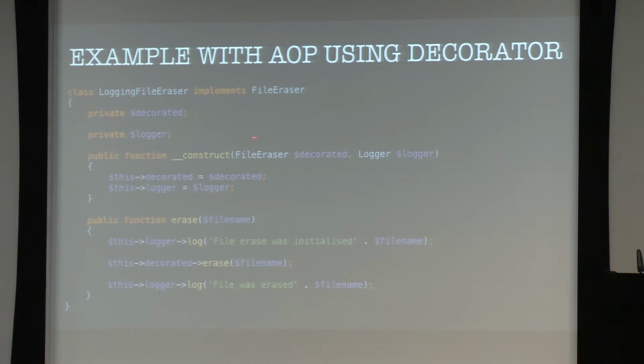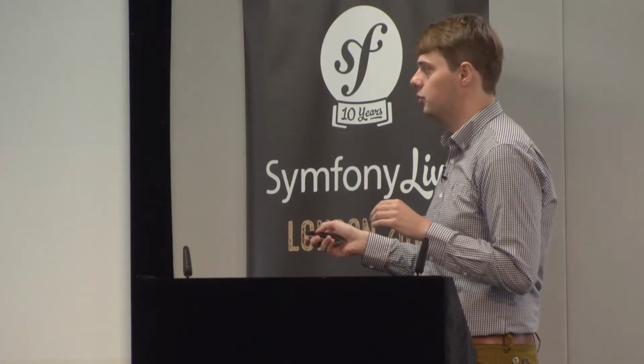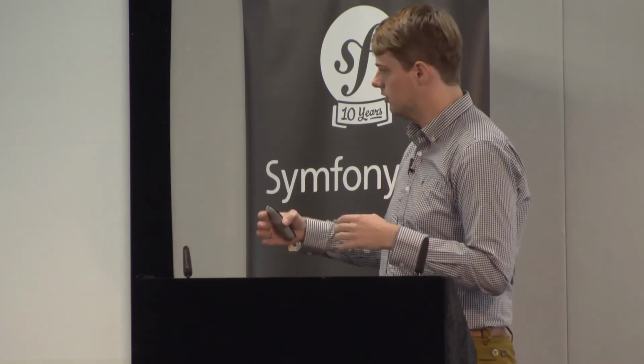So we have our file eraser here. We are injecting, decorating it, and adding an aspect before. Okay, logger: file eraser was initialized, then calling the decorated logger, and then adding another aspect after. Also, we could add a try-catch here and add some other aspects as is described in AOP.